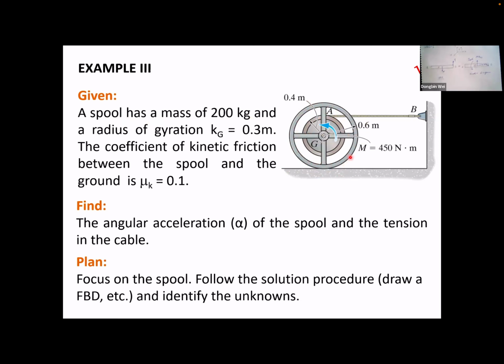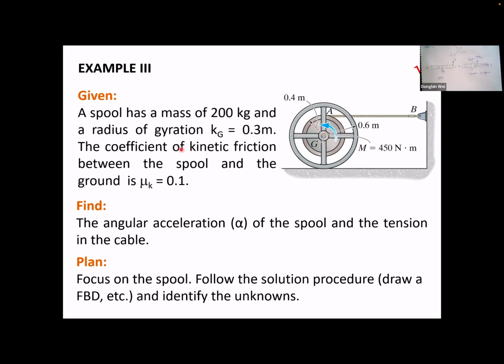Obviously, for this spool, the mass is not uniformly distributed. But here, we are given a radius of gyration about the center and also the mass center point G. So this means we can easily calculate the MMI of this spool about mass center point G.